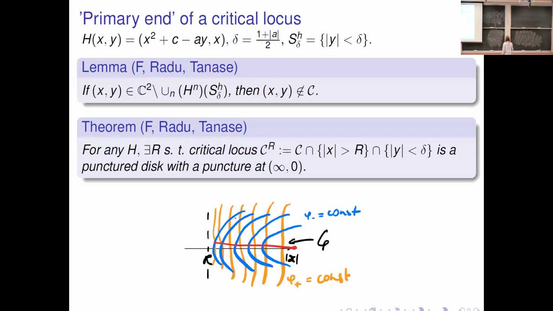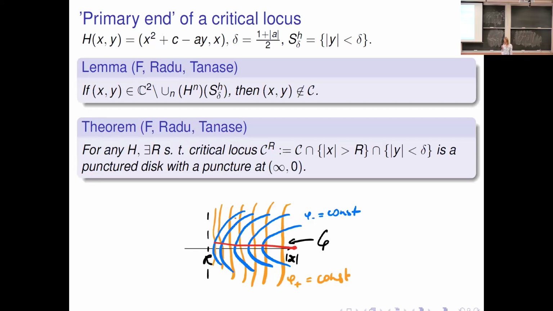Now, if I look at this, so this is my dynamical filtration. If I look at this strip at infinity, so here x is equal to infinity, we know what phi plus looks like. We can calculate what the stable foliation is, just x.